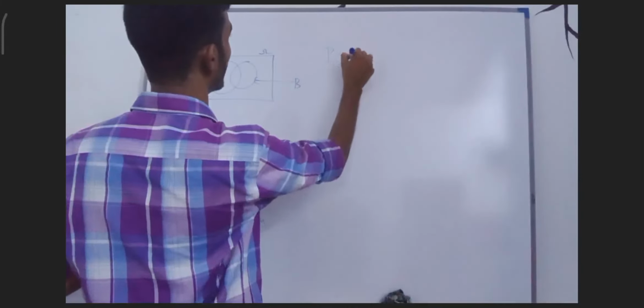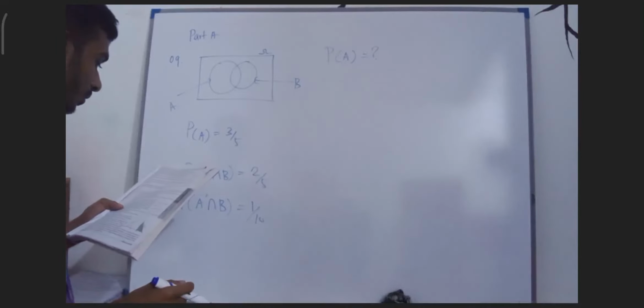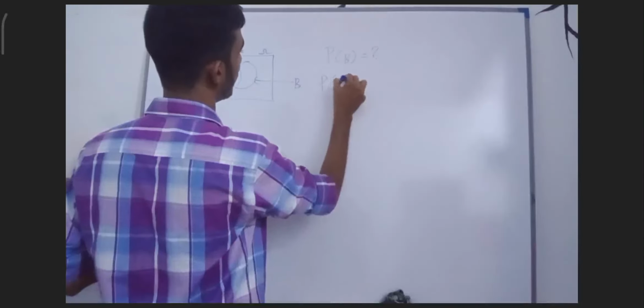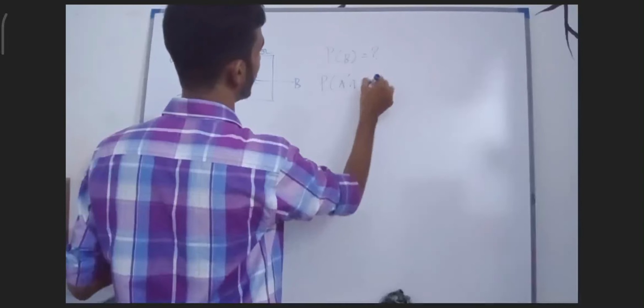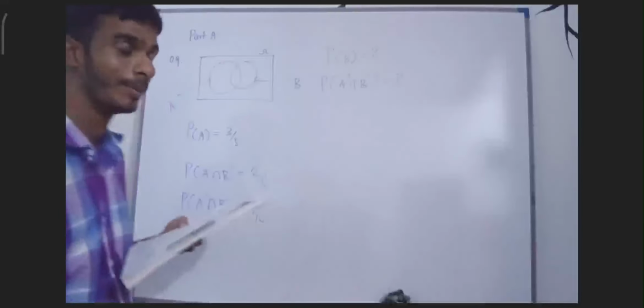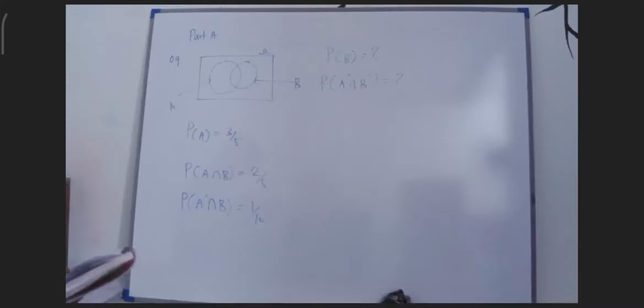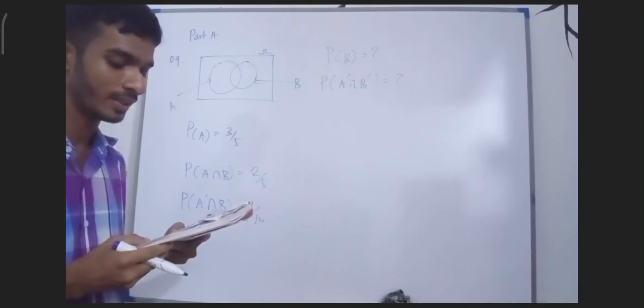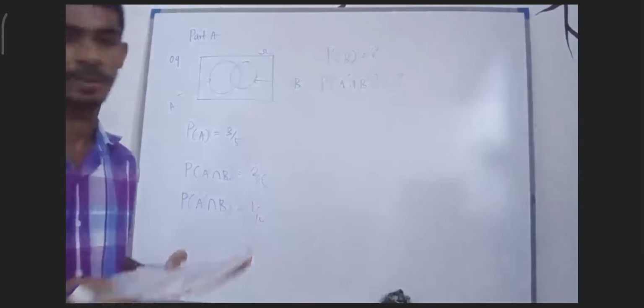Find probability of B and probability of A complement intersection B complement. We have to write these two probabilities. Right. Where A dash and B dash denote complementary events of A and B respectively.